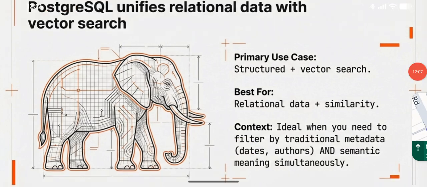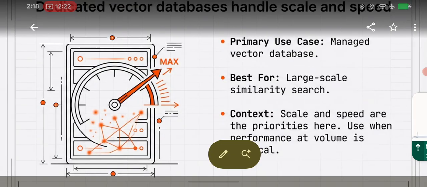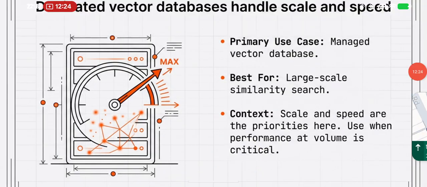So as I mentioned, Postgres is suitable for structured data along with vector search. So relational data plus similarity is possible, and then a vector database dedicated for large scale, we can use Pinecone, and they provide scale and speed.